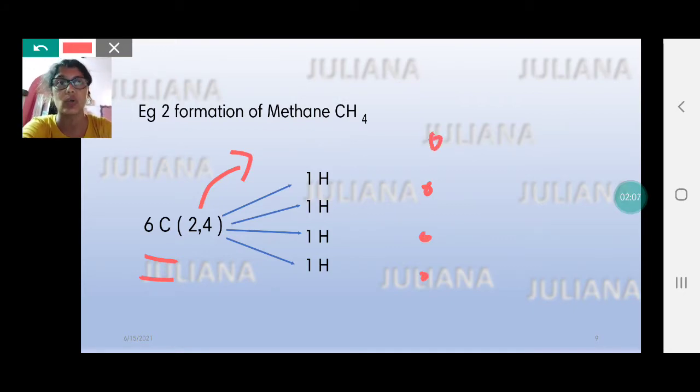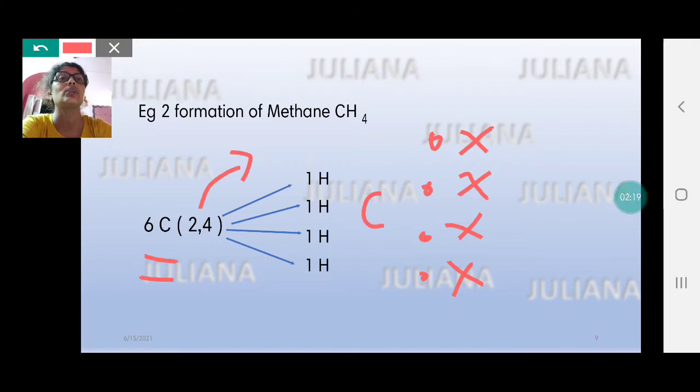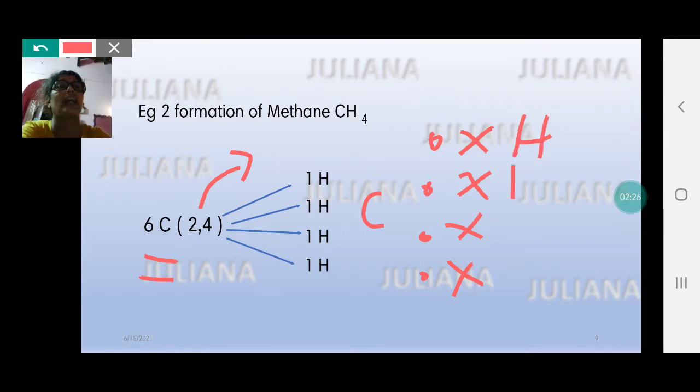Outermost electrons only participate in a chemical reaction. So carbon attracts 4 hydrogen atoms, and as a result, carbon's octet is complete. So you find here 4 and 4, 8 electrons, and for each hydrogen atom, a duplet state is complete.